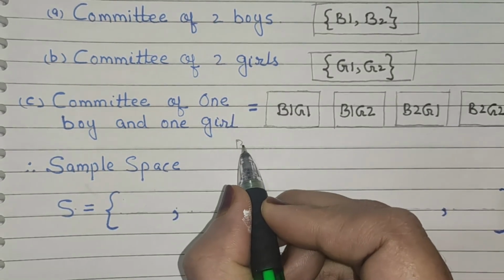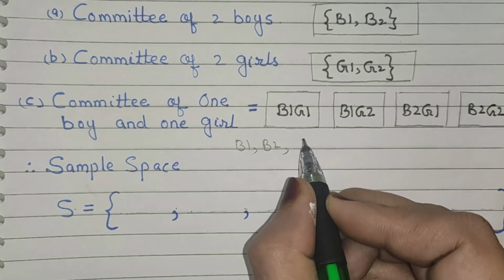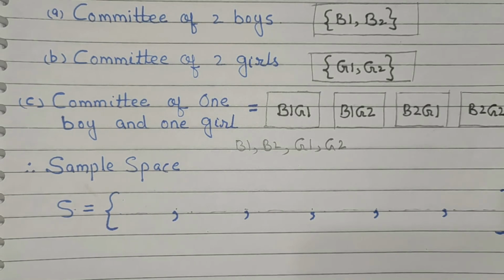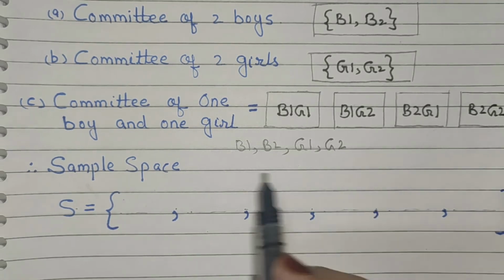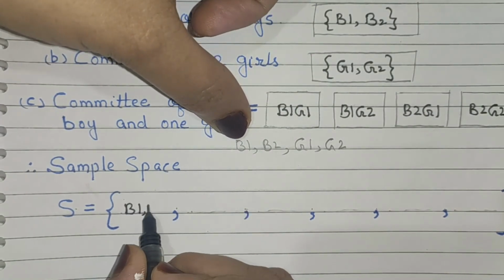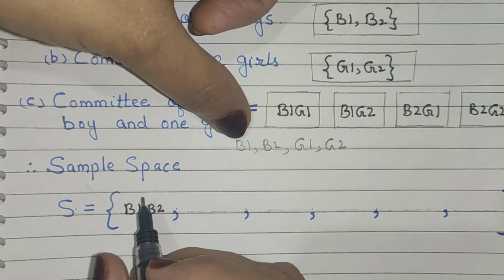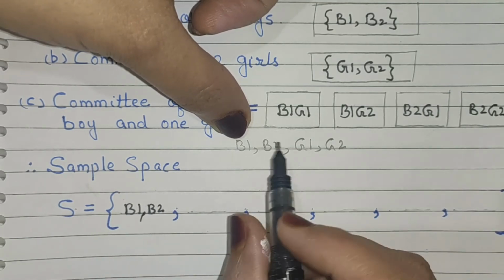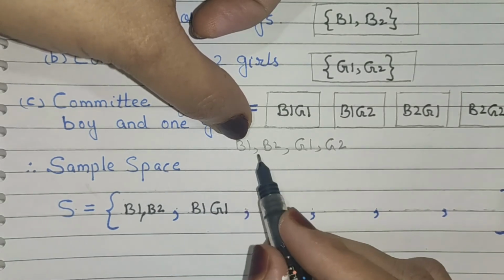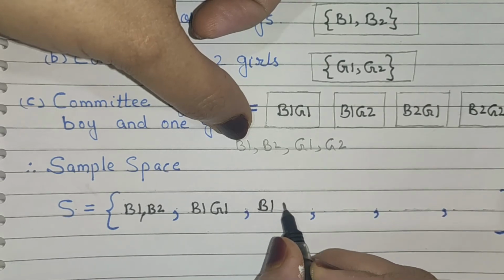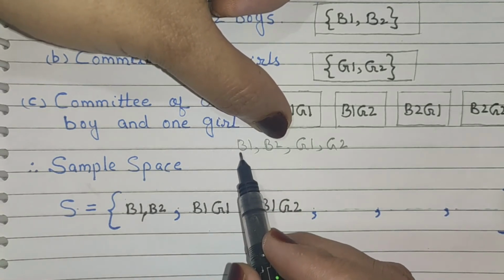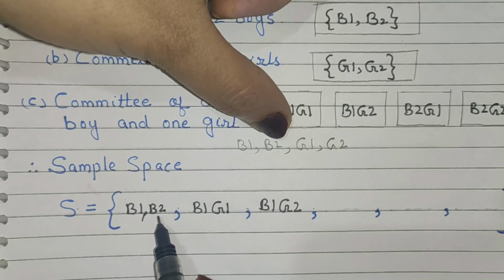Two boys means B1, B2 and 2 girls are G1 and G2. Now form a committee of 2. Start from B1. Therefore, B1, B2. Now B1, G1. Next one B1, G2. Now start from B2. Now B2 with B1, it is already made, B1, B2.